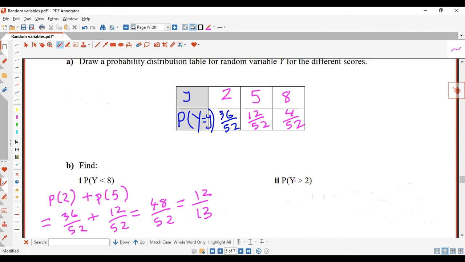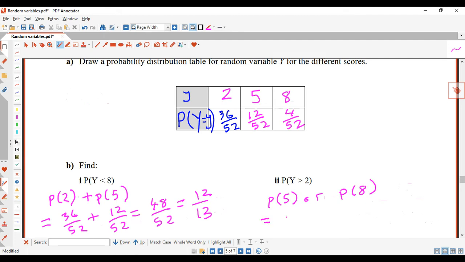Okay, now what about the probability that Y is bigger than 2? Bigger than 2 means I'm getting a score of a 5 or an 8. So that means the probability that my score is 5 or the probability that my score is an 8.